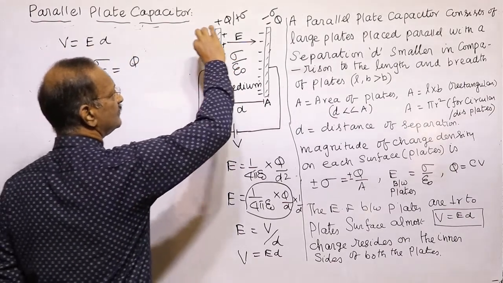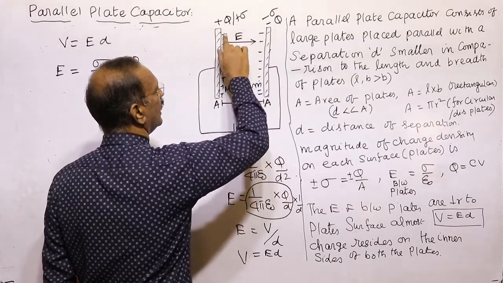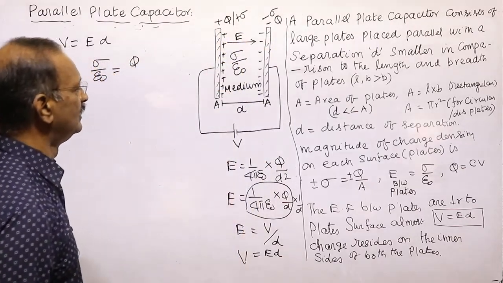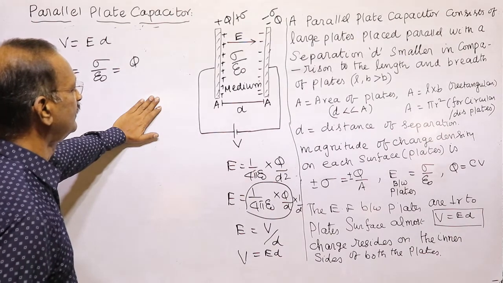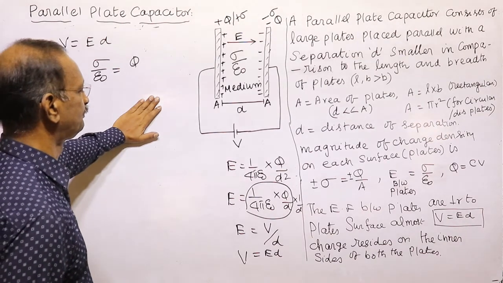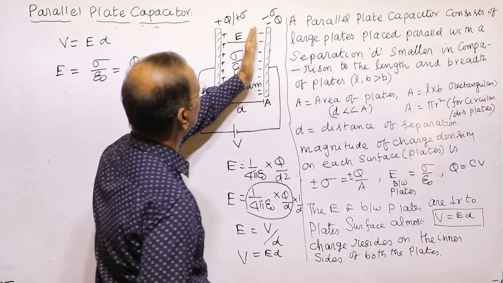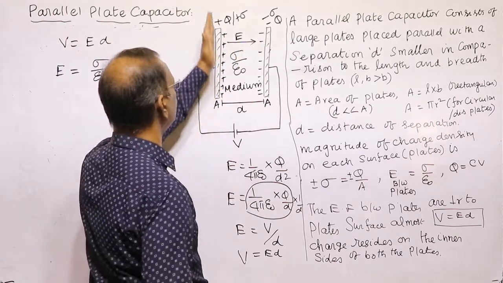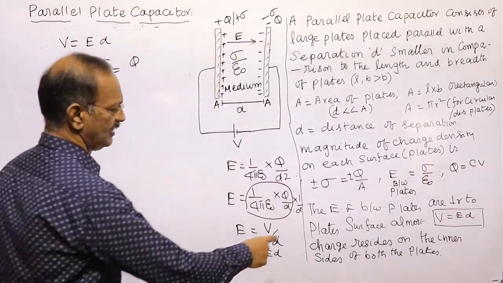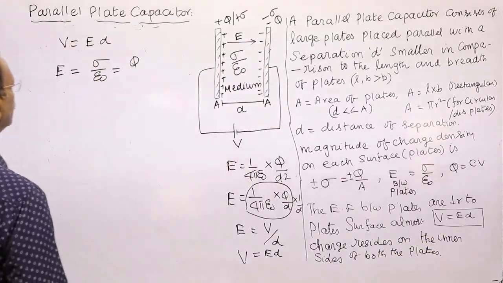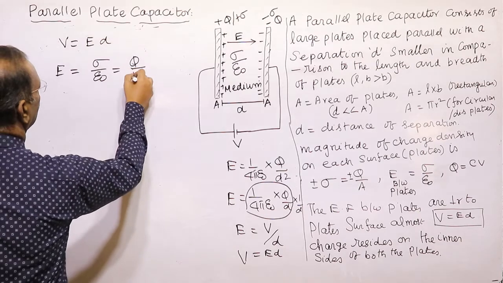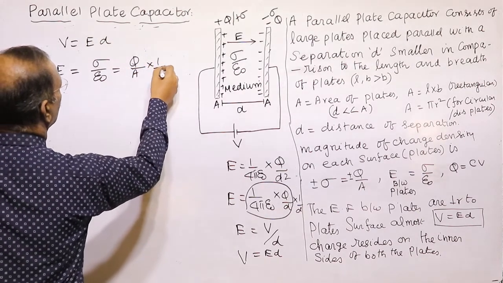The electric field lines go from positive to negative, and are almost perpendicular to the plate surface, and the charge resides on the inner side of both plates. So sigma is equal to Q by A, into 1 by epsilon naught.